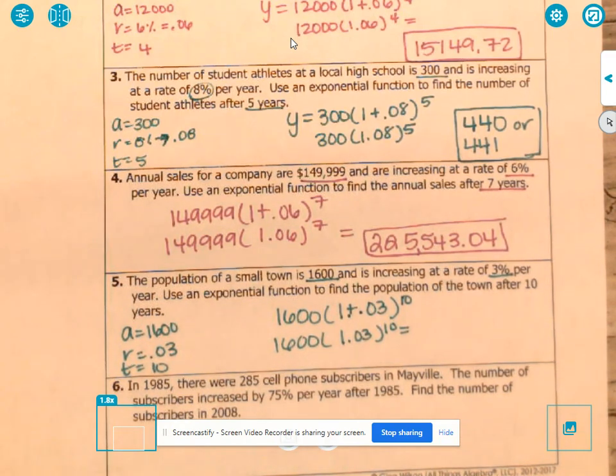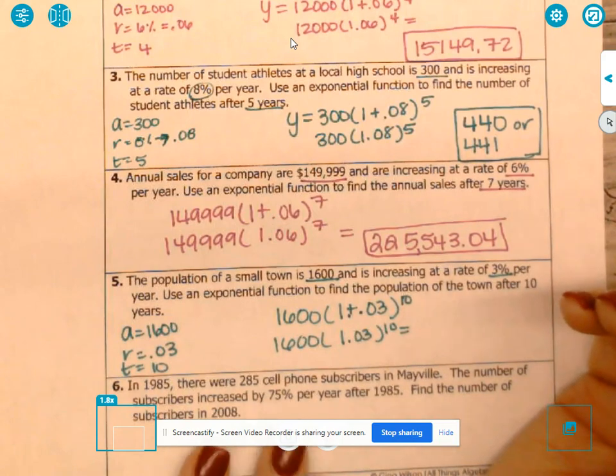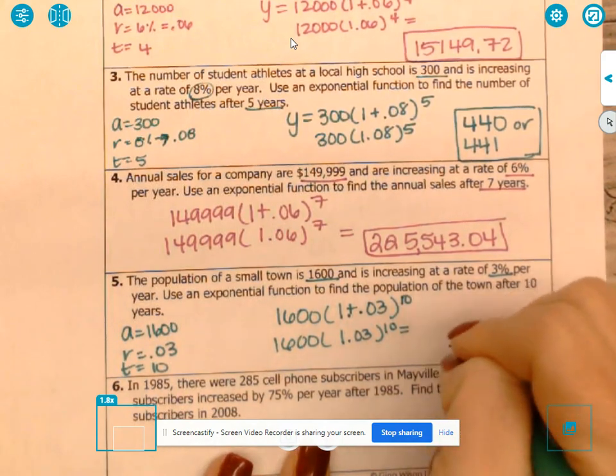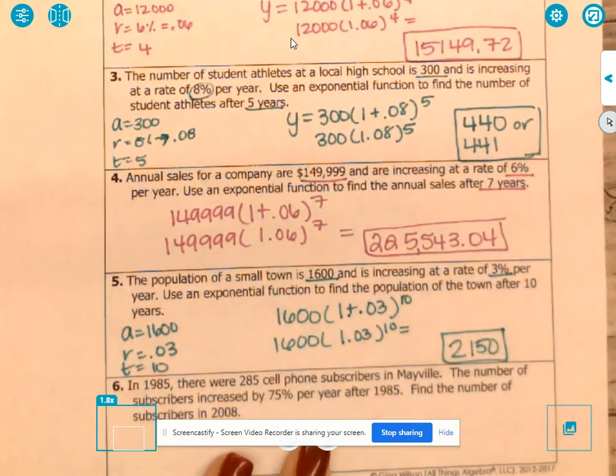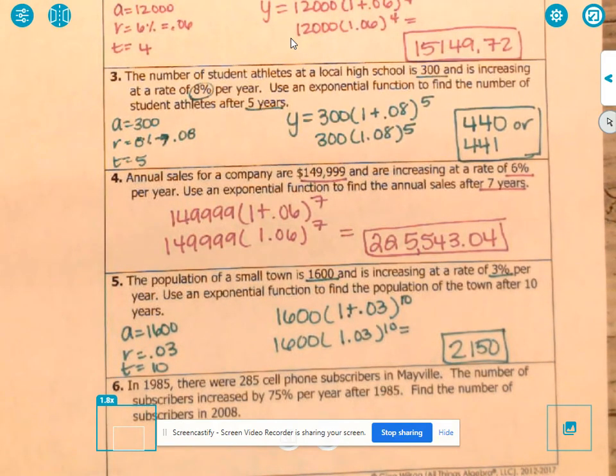And again, we're dealing with people, so we're going to knock off that decimal part. Okay, so I'm going to end up with 2,150. If it could be either or, I will let you know that.